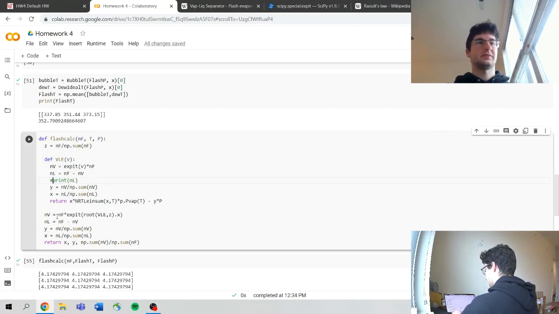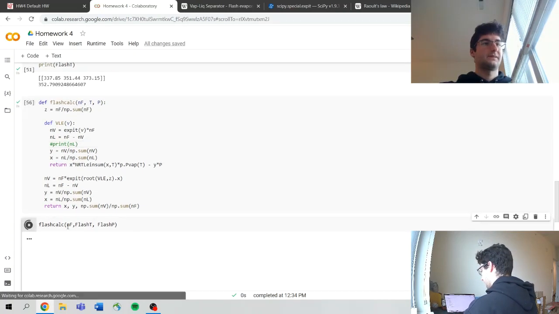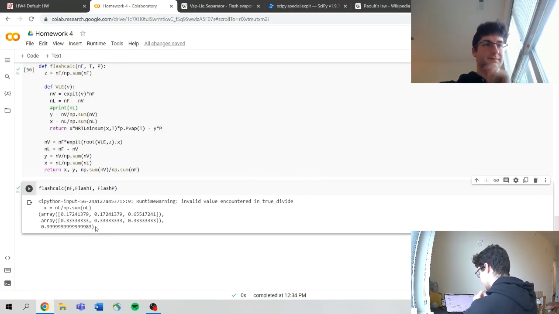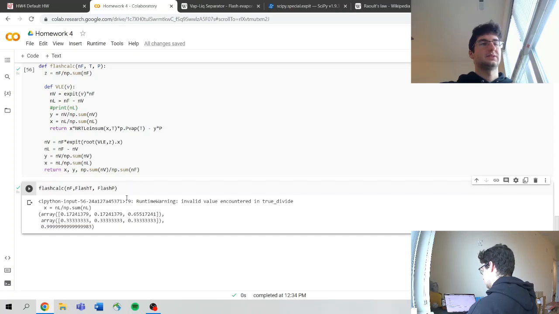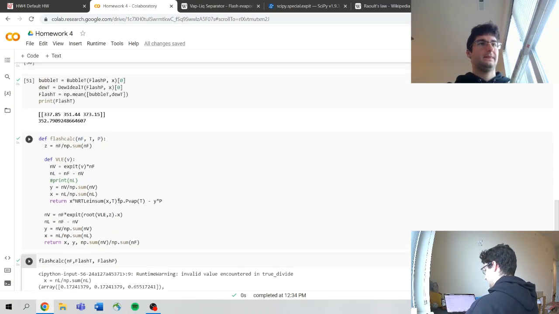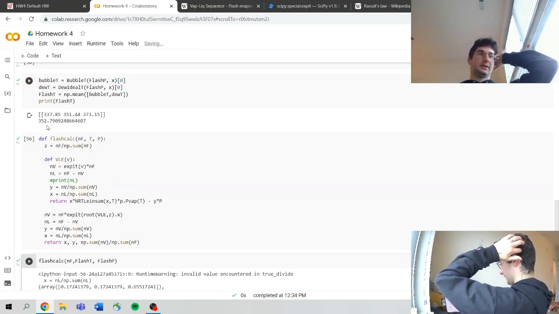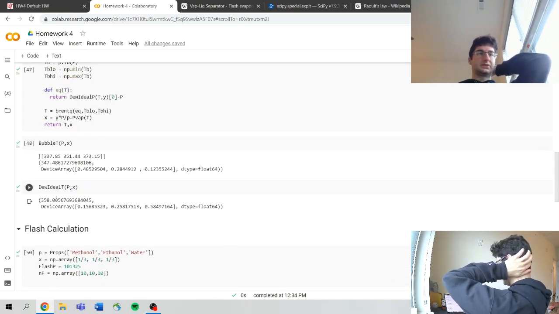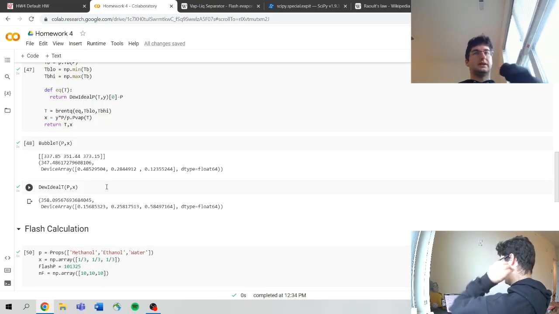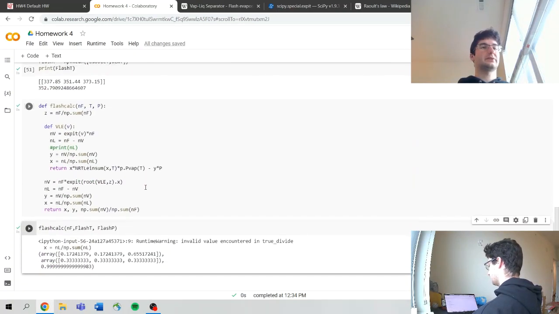Let me comment out this print. All right, so this is basically telling us that it's all in the vapor phase, pretty much. And yeah, so what does that mean? So our flash temperature that we're working with is at about 353. And our model up here predicted our dew temp at ideal at about 358 or so.